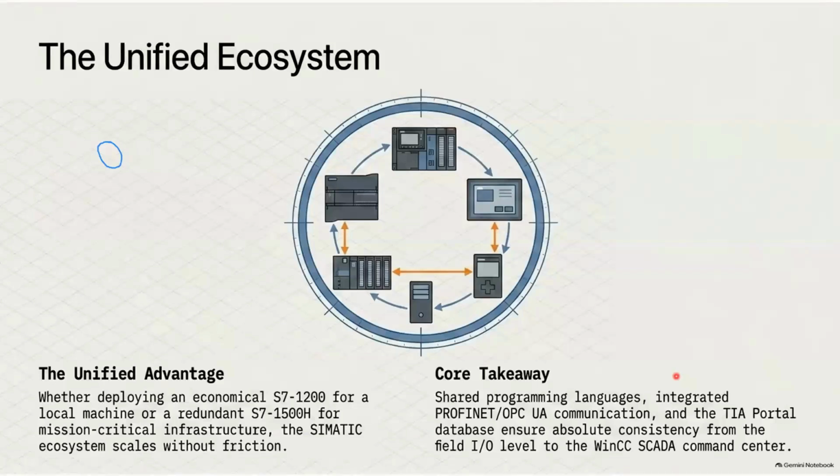This is a unified ecosystem wherein you can see this is an S7-1500, and this is an S7-1200, and this is some other S7 model. You can integrate all these models. That is what I said.